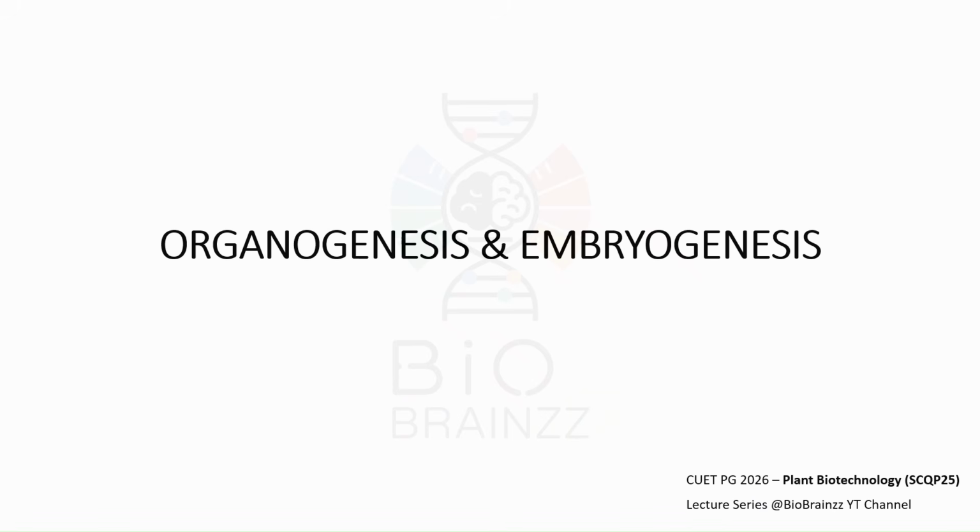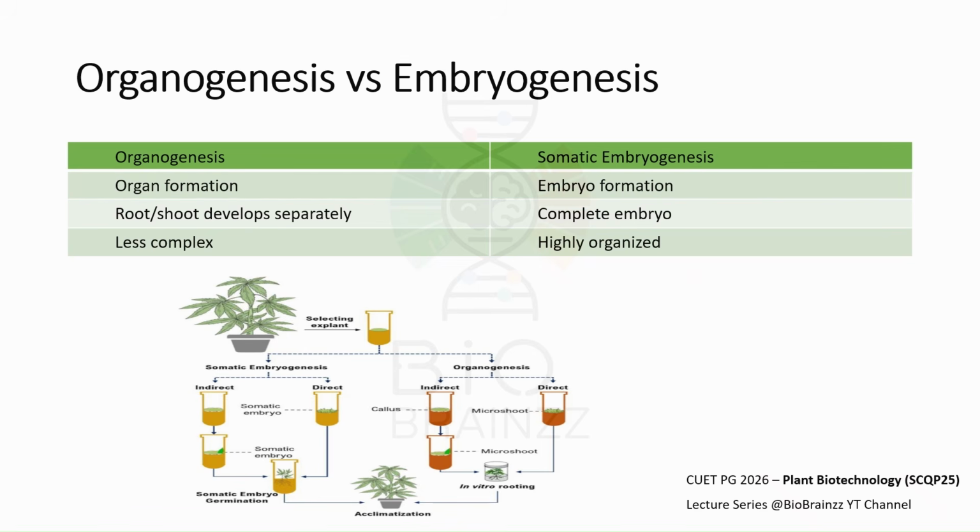Now we move to the two major regeneration pathways in plant tissue culture: organogenesis and somatic embryogenesis. In organogenesis, roots and shoots develop separately from cultured tissue, usually in response to changes in hormone concentrations.